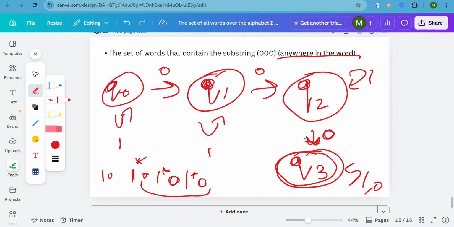But it says the substring, so either this is correct or this needs to be like this. It contains a substring like that. But in this case, if it disturbs the word, we can also say, okay, go back to this place and read a 1. But then we don't give them the possibility. It says that it contains a substring anywhere in the word.